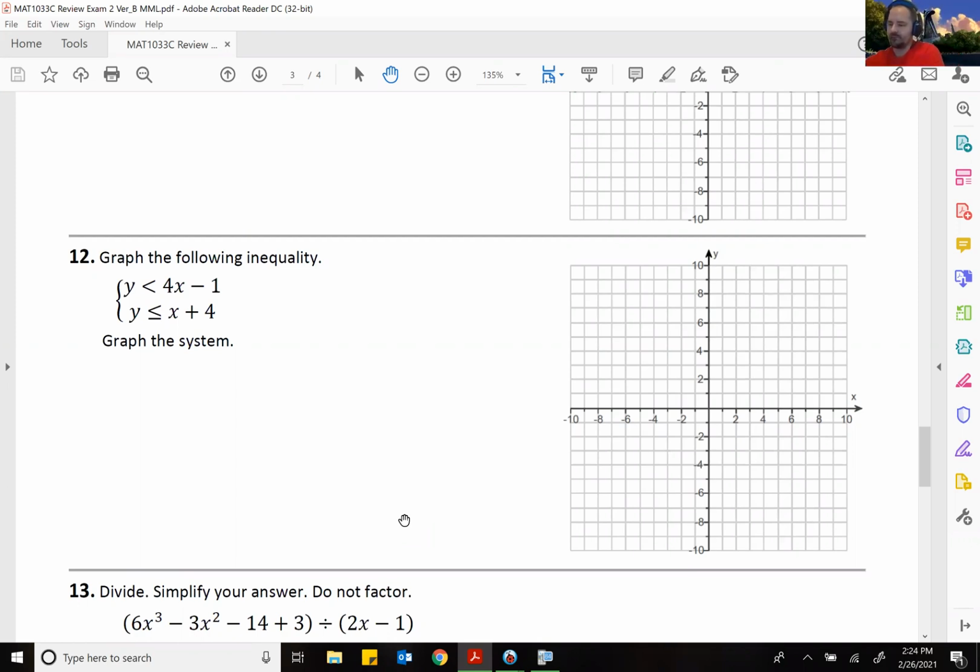Let me get my graph up here. And I'm going to do another 5 by 5. Again, all of this is on MyMathLab, so you don't have to draw your own graphs.